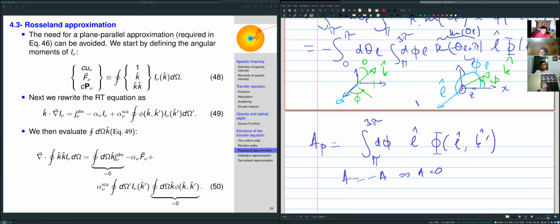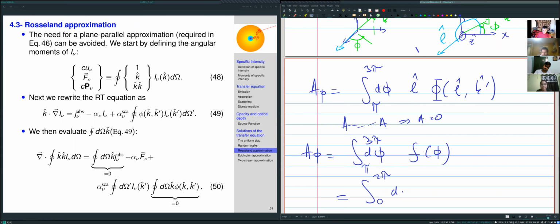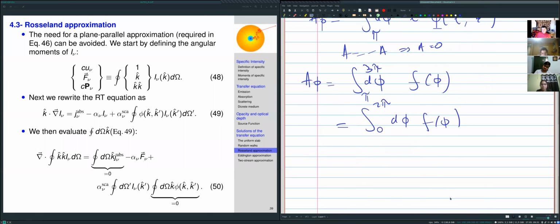I mean, I know that this is true. Can you see any easy proof of why this, I'll put it another way: the integral of any function of phi from pi to 3 pi is the same as the integral from 0 to 2 pi. That's what I want to prove.